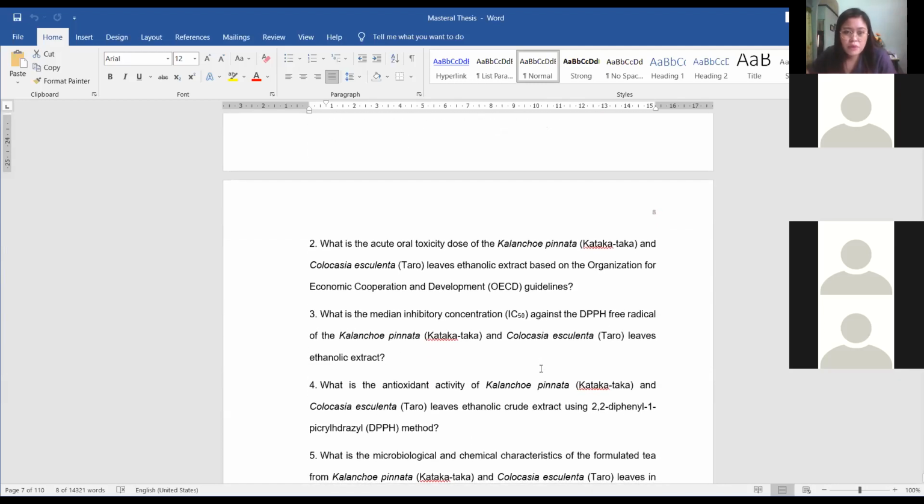Then number 2, my question: what is the acute oral toxicity dose of the two plants based on the OECD guidelines? So after determining the functional groups present, the functional groups will help me know what is in my plant that makes it a possible agent for the certain activity that I am investigating. Then of course, since I'll be giving this as a drug, it is also important to establish the toxicity dose of my plant.